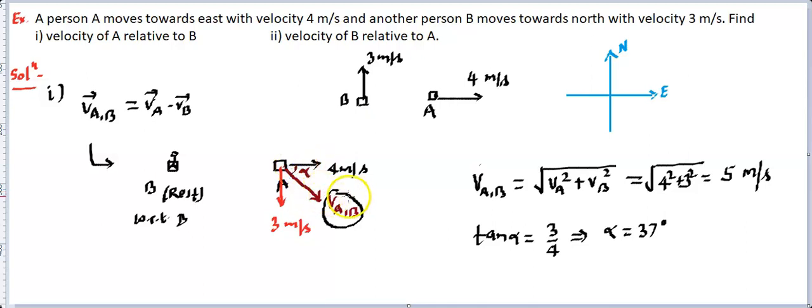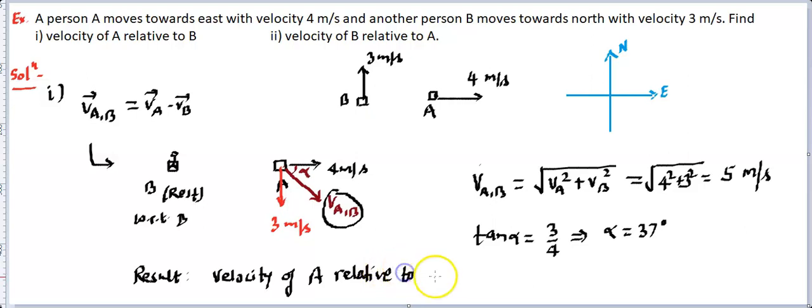So let me write the result. The first part result will be like this. Velocity of A as seen by B, relative to B, is 5 meters per second.